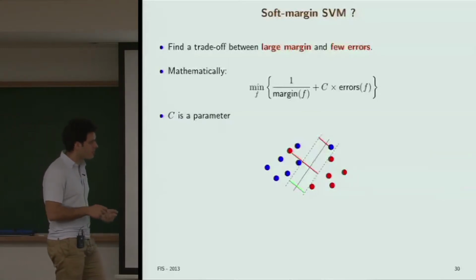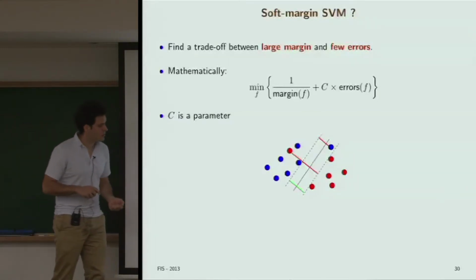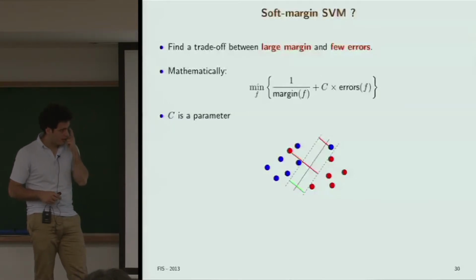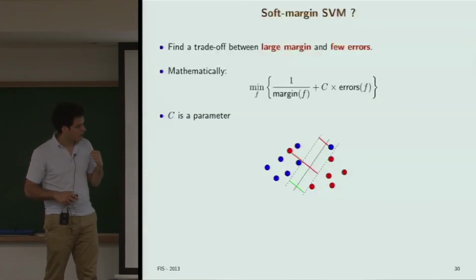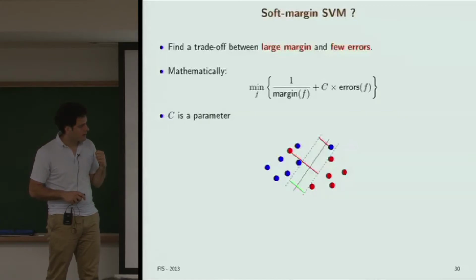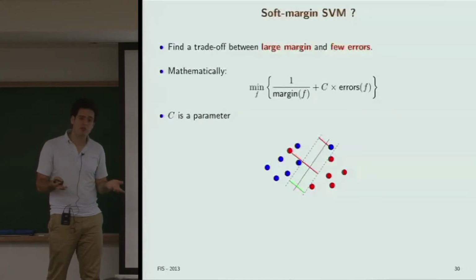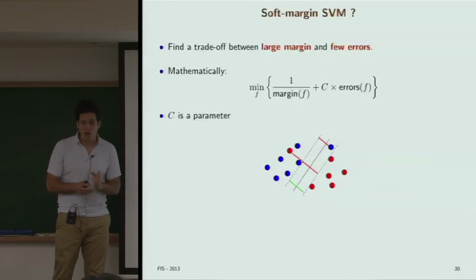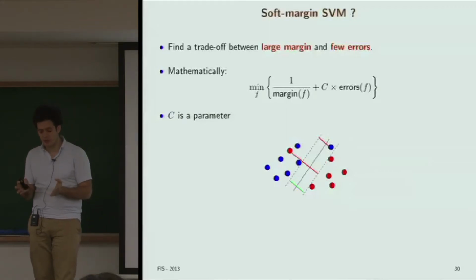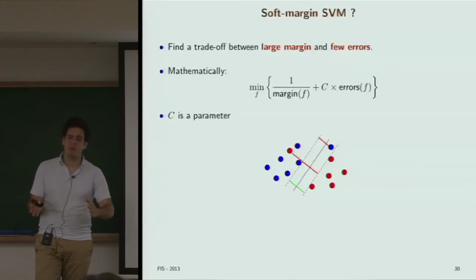C is going to control this balance. So for instance, if you have a C coefficient which is very, very large, then the only thing that you will want to look for is a hyperplane which makes as few mistakes as possible. If on the other hand you put a C which is small, then you will disregard a lot of the mistakes and you will just look for a hyperplane with a high margin.